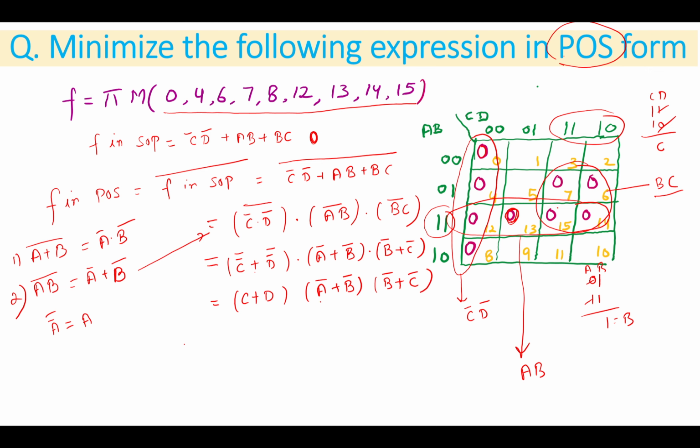The final expression in POS format is C plus D, and A bar plus B bar, and B bar plus C bar. So if you get the SOP expression, then simply by taking its complement we get the POS expression. This is the concept we learned here.